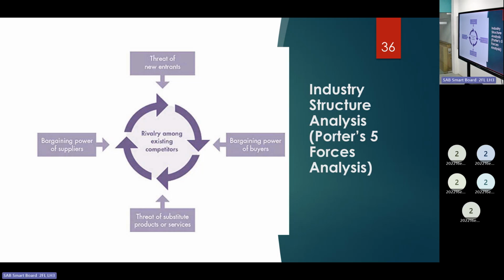Customers' bargaining power, buyers' bargaining power. Buyers' bargaining power is also high when the company relies on few customers. Right? When you are relying on few customers, their bargaining power is high. Because if you lose them, even firms can lose. Right? That's what happened to our garment industry. We had a lot of medium, small scale garments.